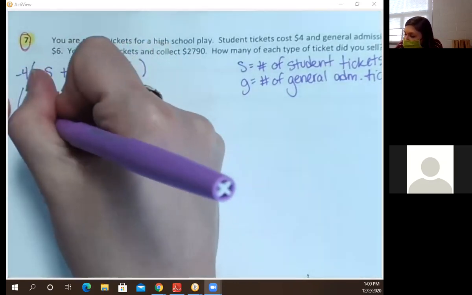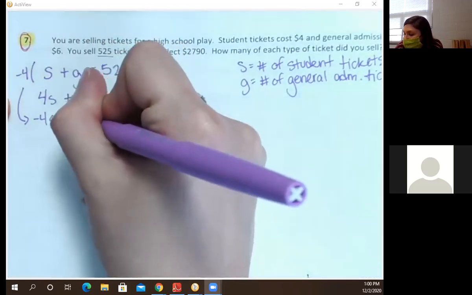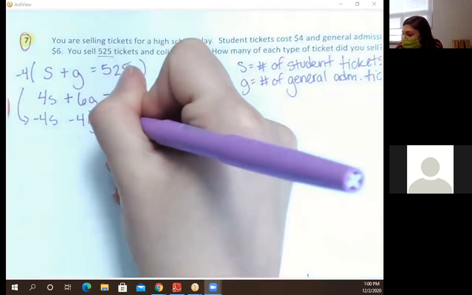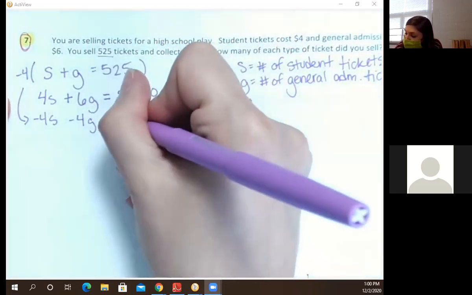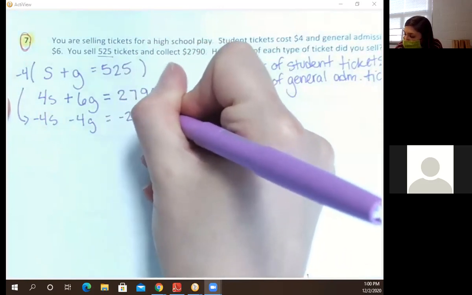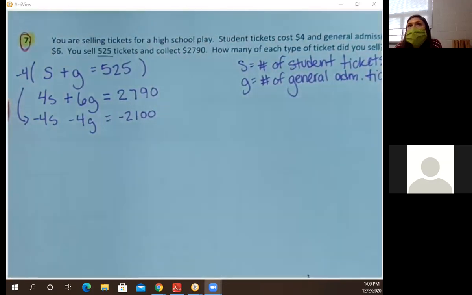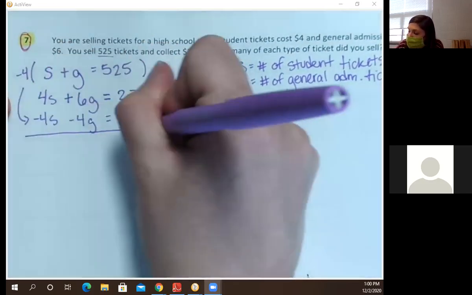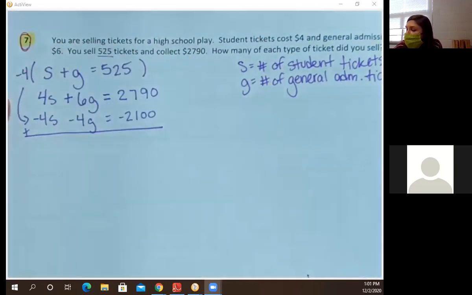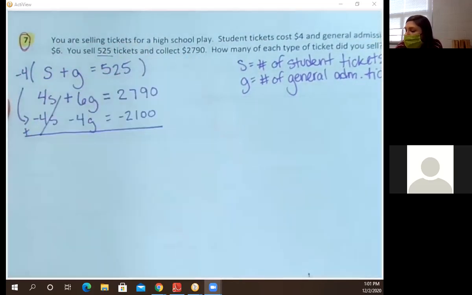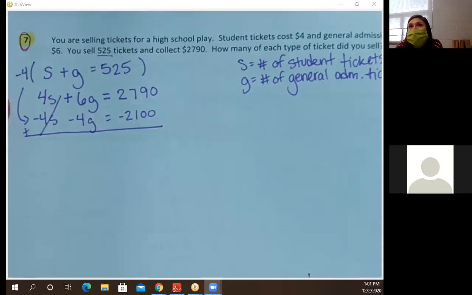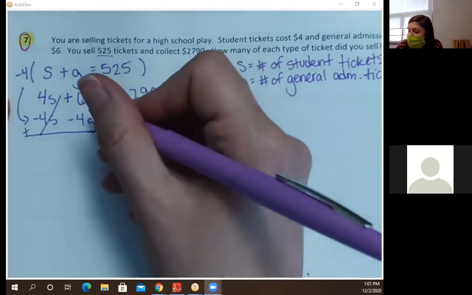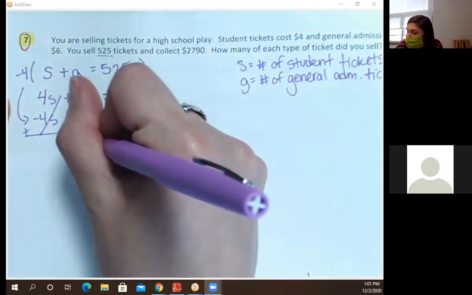So down here, I would have -4S minus 4G equals -2,100. Now my S's have opposite coefficients, so I can add my equations together and my S's will eliminate. 6G minus 4G is 2G.